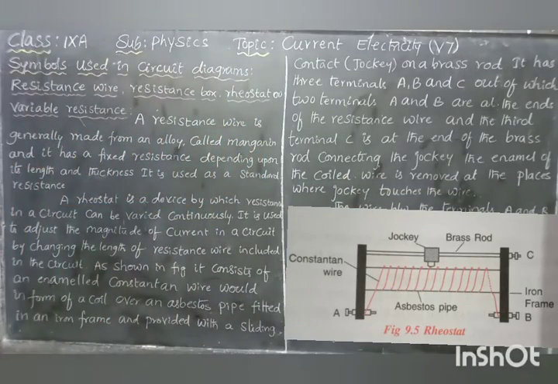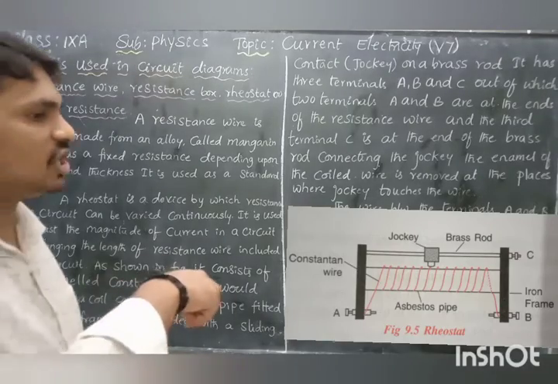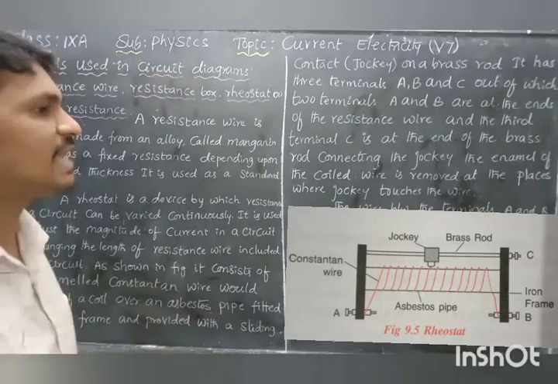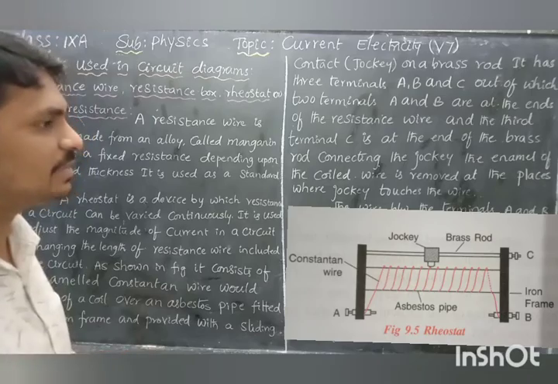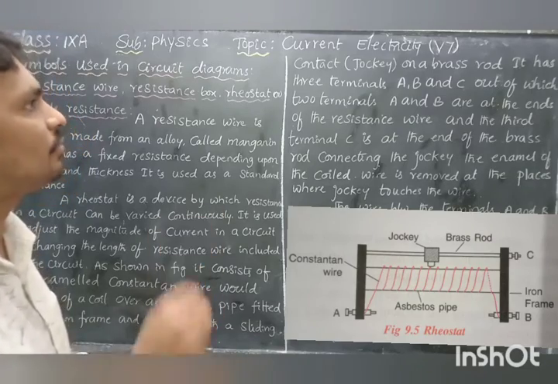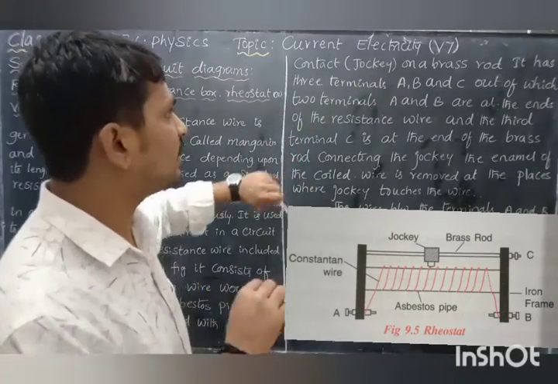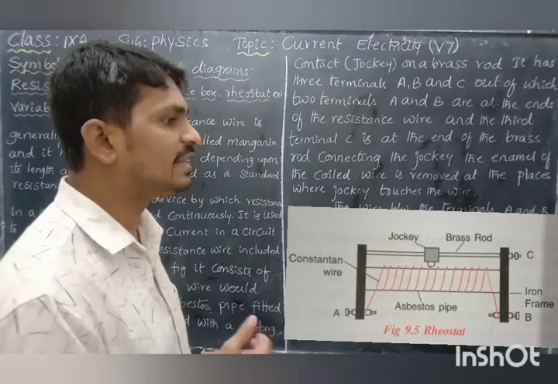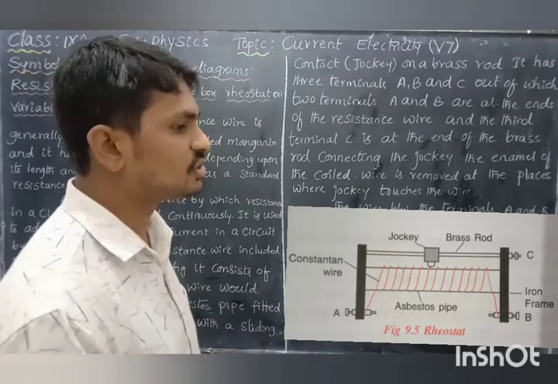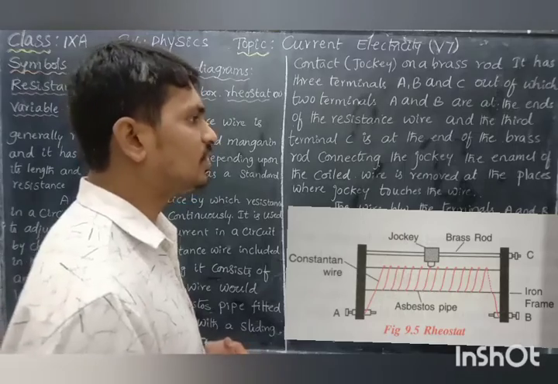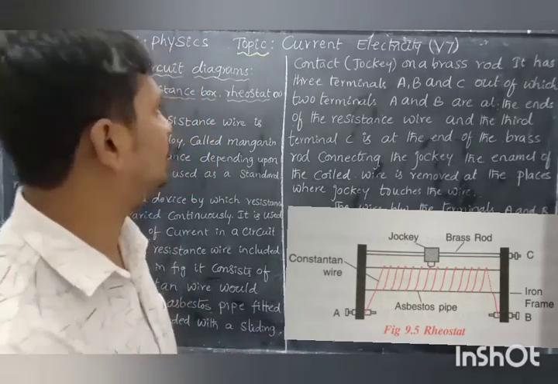The entire rheostat is an enameled constant wire wound in the form of a coil on an asbestos pipe fitted in an iron frame and provided with a sliding jockey on the top. Again, it has 3 terminals: A and B are fixed terminals, and C is at the top of the brass rod, so that by using that you can vary the resistance of the rheostat, and with the help of that you can control the current in the circuit.